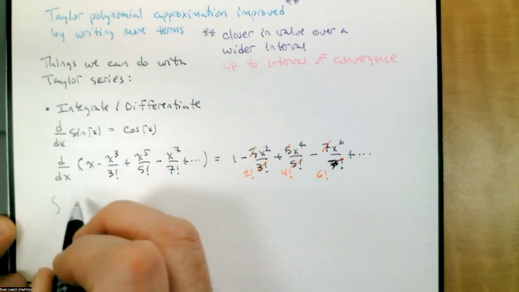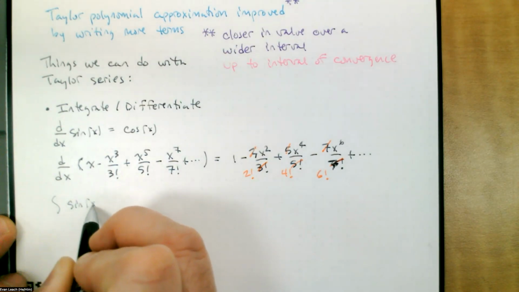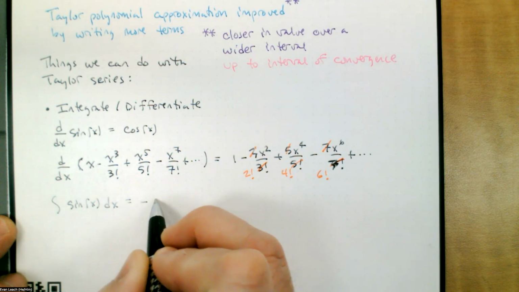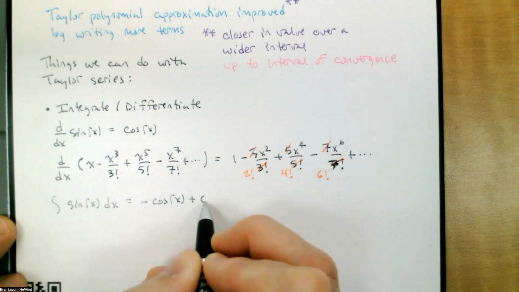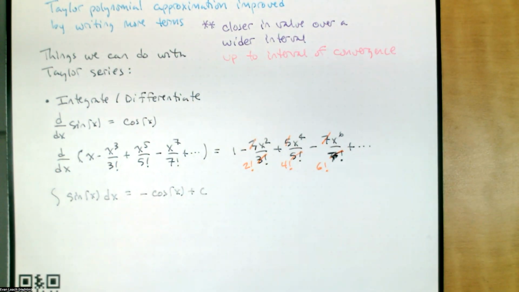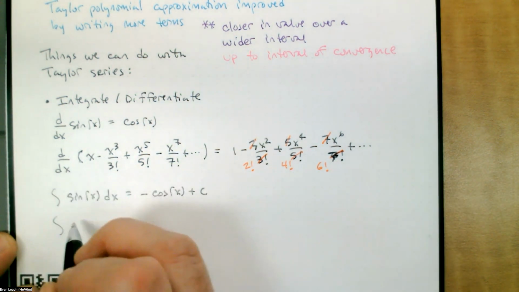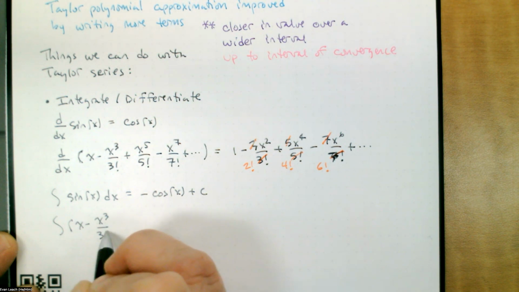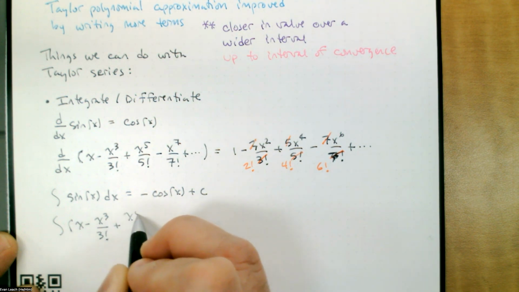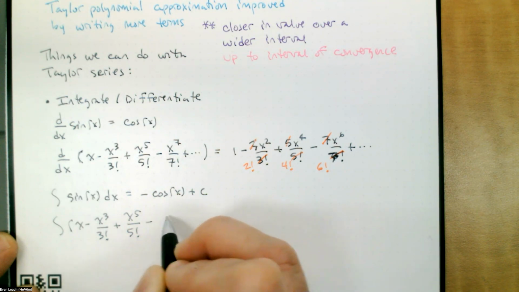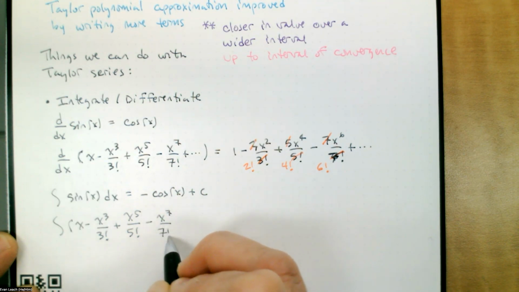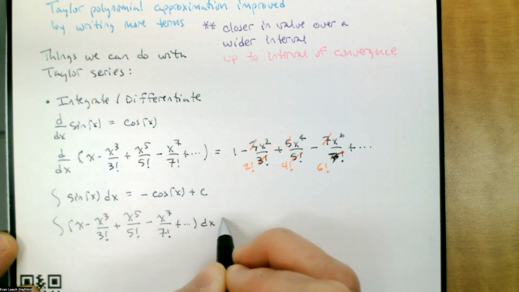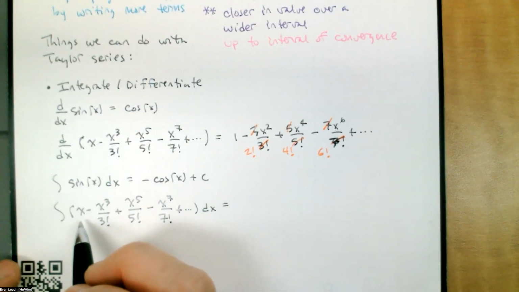If we integrate the sine, we should end up with minus cosine plus some constant. We get a constant of integration when we integrate. So if I integrate all these terms, the integral of x is x squared over 2.